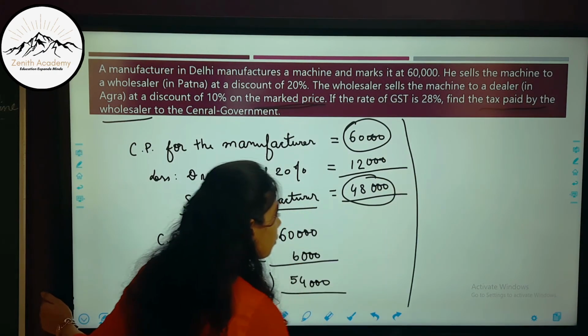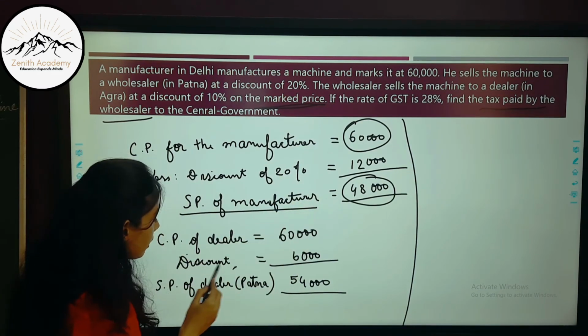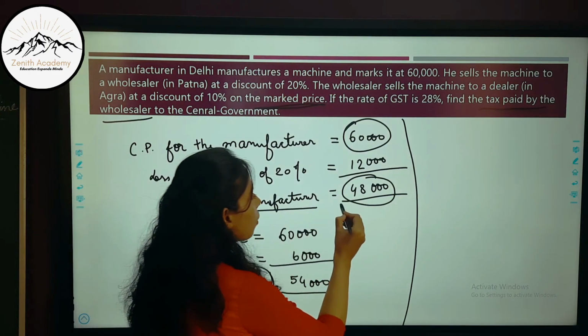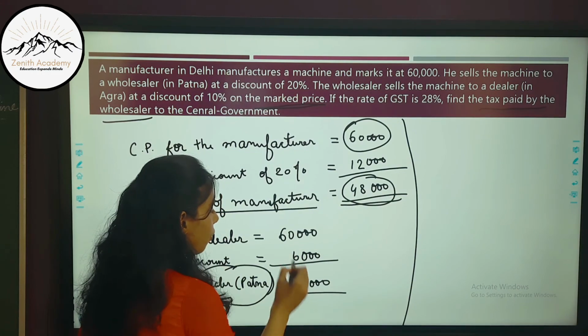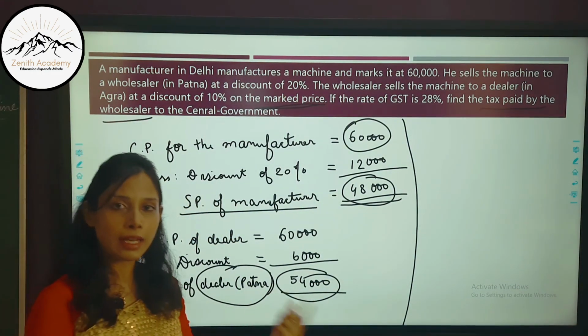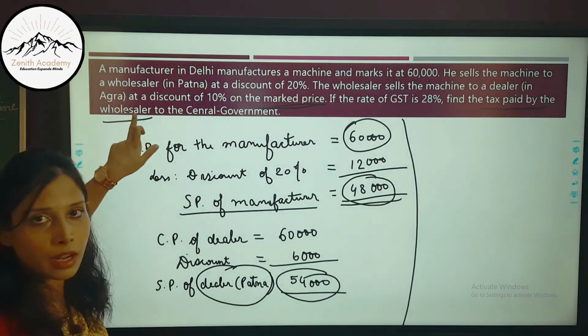Now, our concept is we need to find the tax paid by this dealer in Patna. We have the cost price on which he had paid the tax, and now we have the selling price on which he would have collected the tax from the person in Agra.